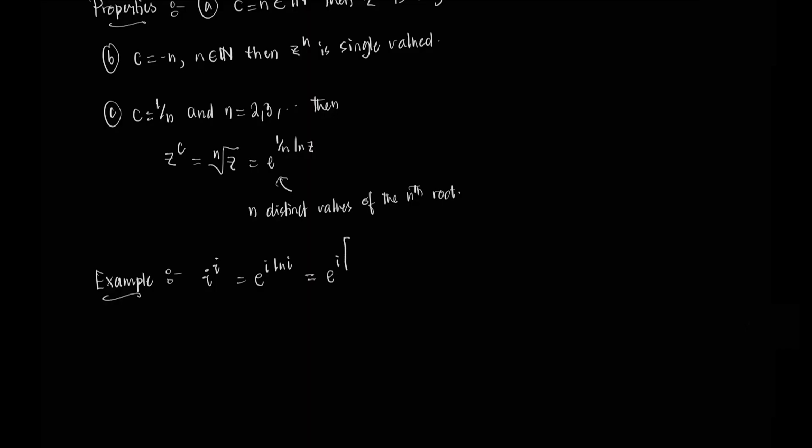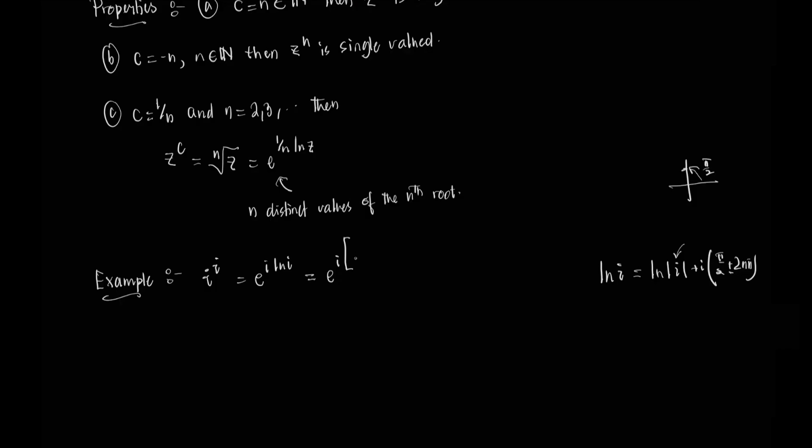What is log of i? Log of i is log of mod i, plus i times the argument. Mod i is 1, so log of 1 is 0. The argument is pi by 2, plus the 2n pi multiples.